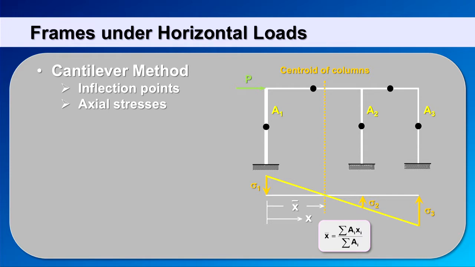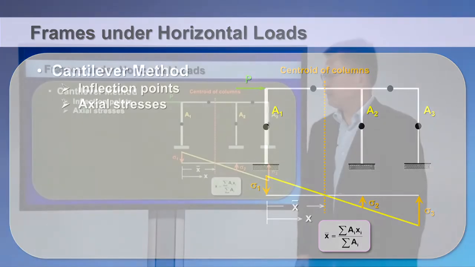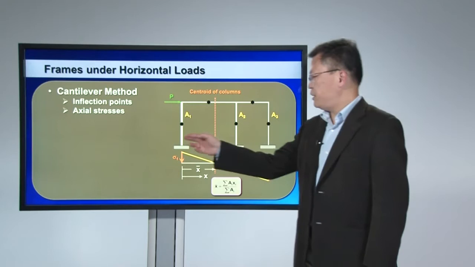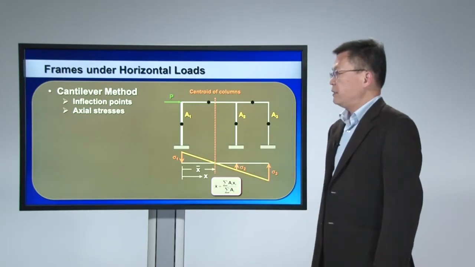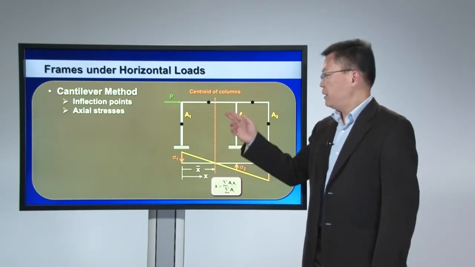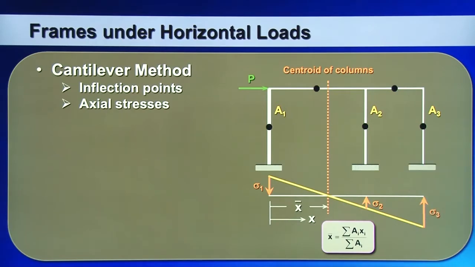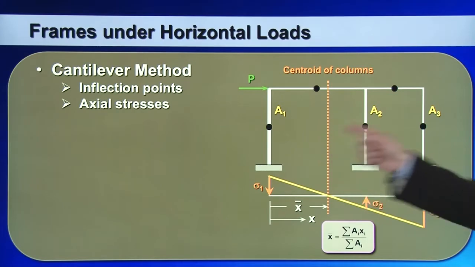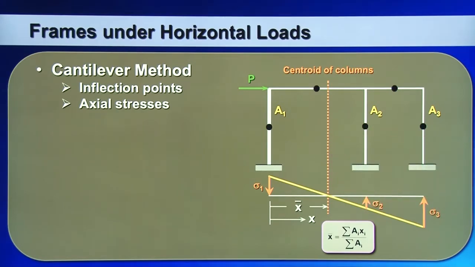So it assumes that the midpoint of every component has an inflection point. Instead of assuming shear force distributions, the cantilever method assumes an axial stress distribution. It assumes that the axial force of the columns is linearly proportional to the distance from the centroid of the columns.